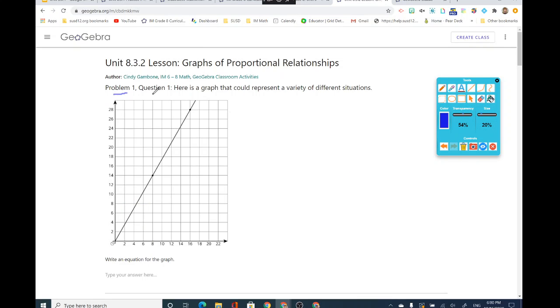Problem 1. Here is a graph that could represent a variety of different situations, and it asks you to write an equation for the graph. Remember that proportional relationships have the equation y equals k times x, where k is some constant of proportionality.